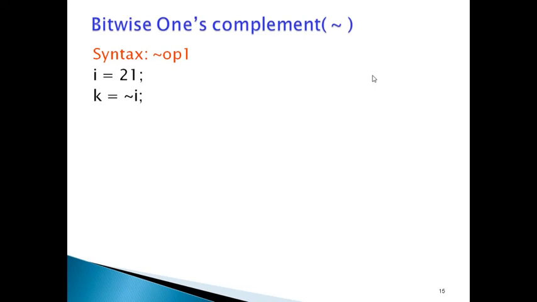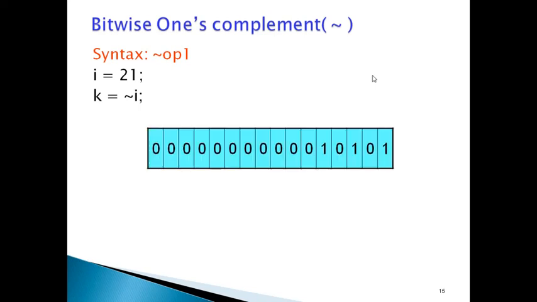What is the meaning of ones complement? Ones complement means modifying the zeros into ones and ones into zeros of a number is called a ones complement.